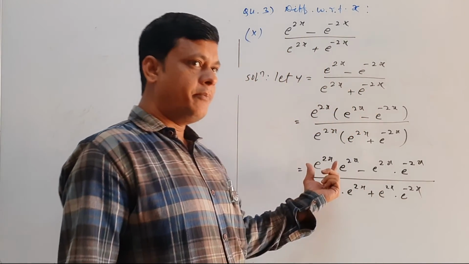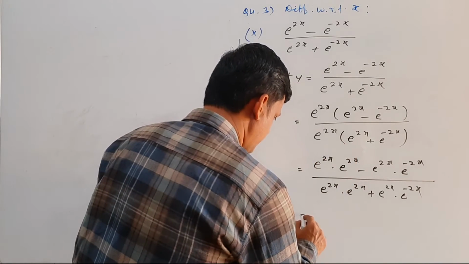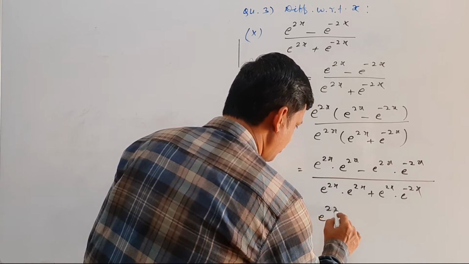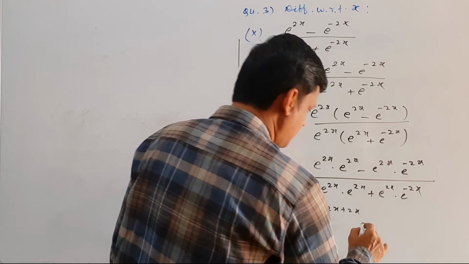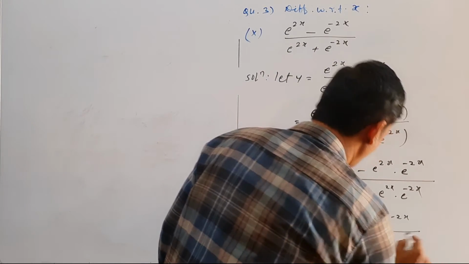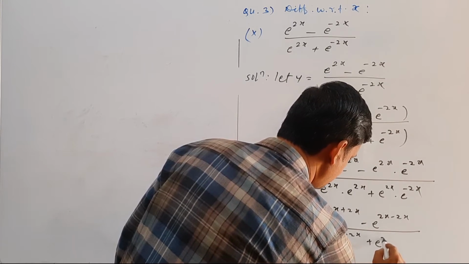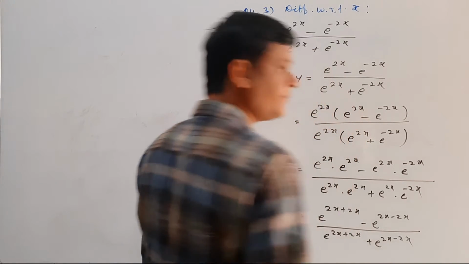Now here the base is the same, so we have to add the powers. So we write e^(2x+2x) minus e^(2x-2x), upon e^(2x+2x) plus e^(2x-2x).